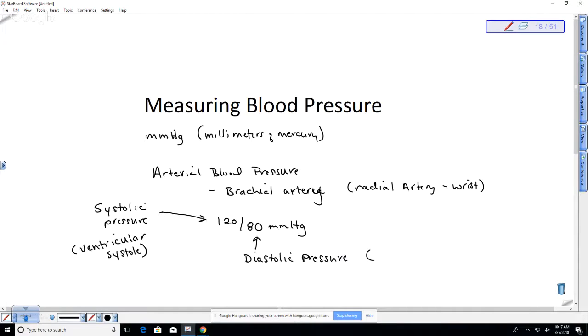And this is ventricular diastole. So that is when the ventricle is relaxing. So what they're listening for when you take blood pressure is the flow of blood through the brachial artery.